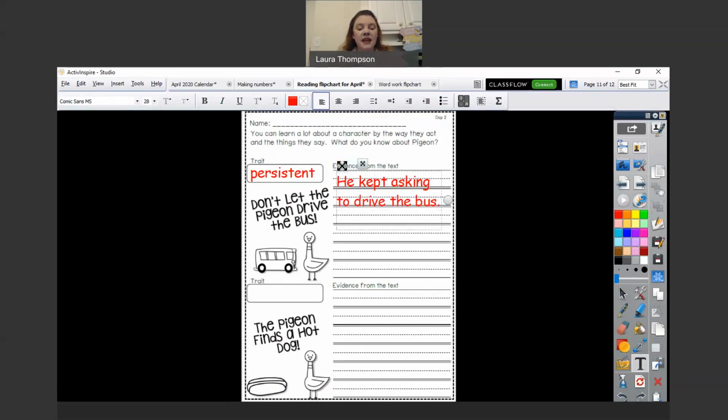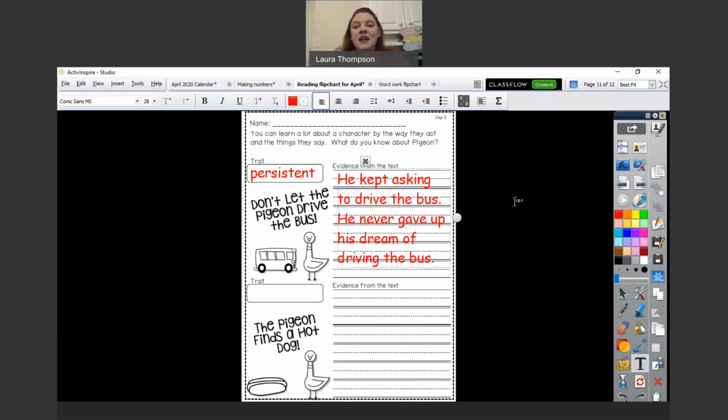And I'm going to go further. I'm going to say he never gave up his dream of driving the bus. So he kept asking to drive the bus. He never gave up on his dream of driving the bus.